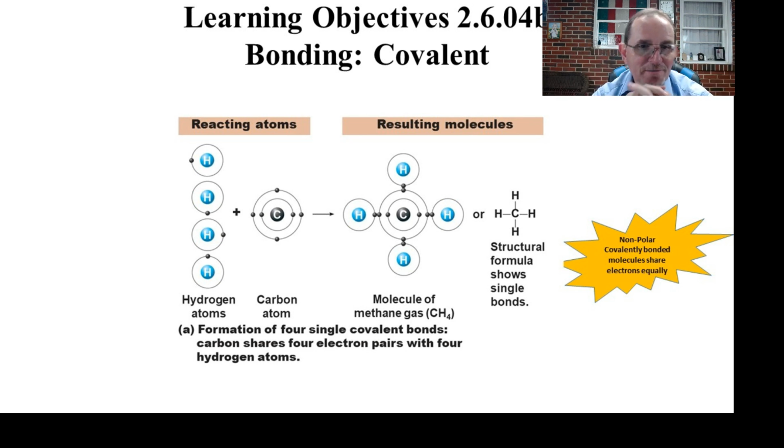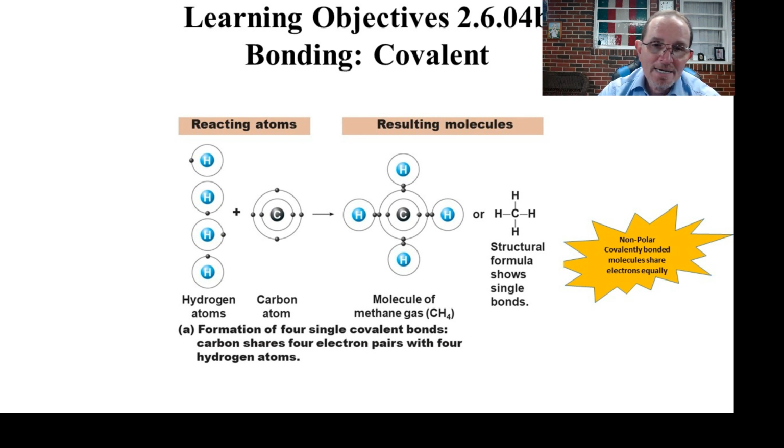That's more of electrical than this. But you see those 4 hydrogen atoms with 1 electron each. Carbon will share a pair with 1 hydrogen, share another pair with 1, and so each of those hydrogens sees itself as having 2 electrons, while the carbon sees itself as having 8, and so everybody is stable and balanced and happy.